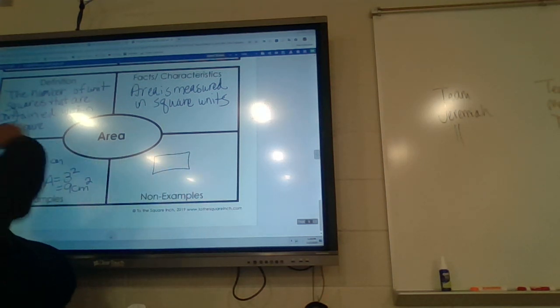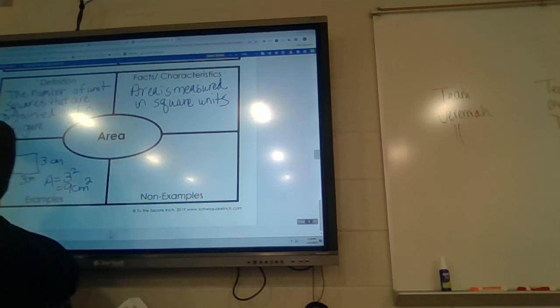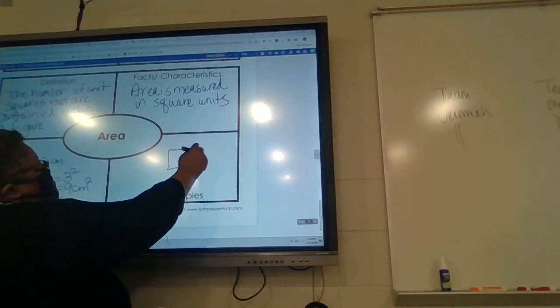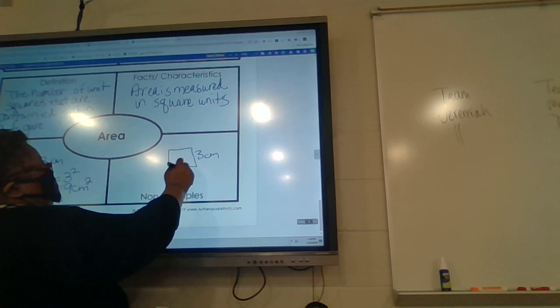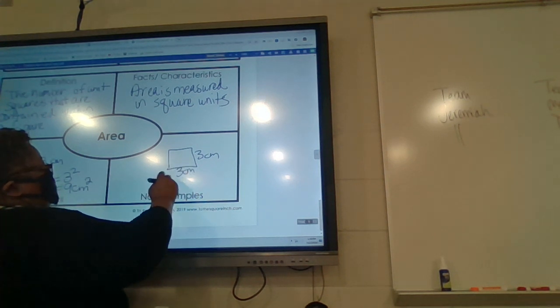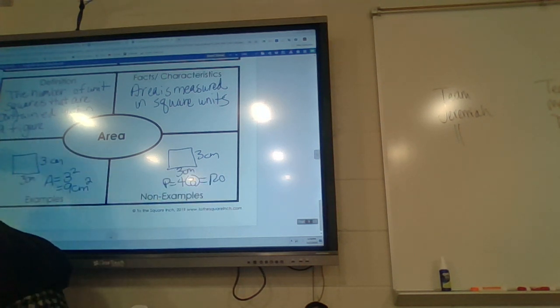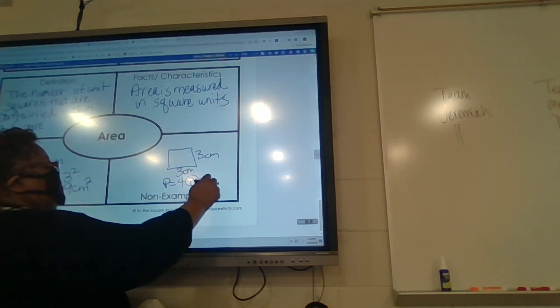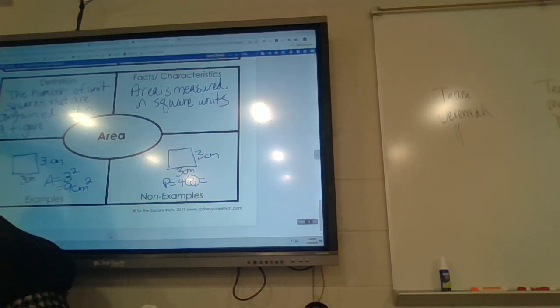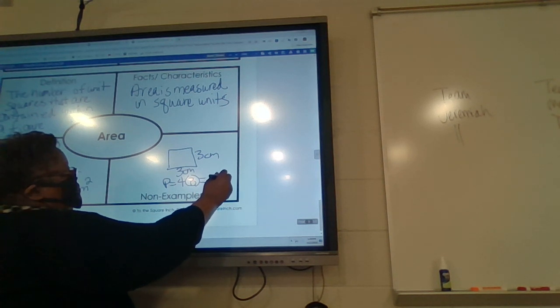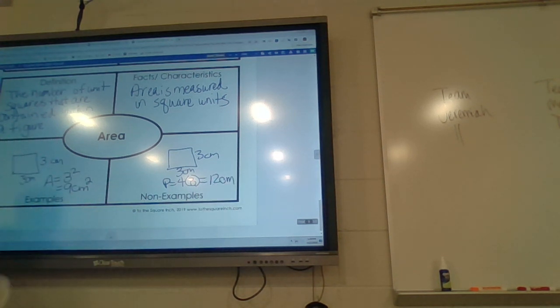Let me make it look more like a square. So that's 3 centimeters. Now, perimeter is 4 times the size. So it'd be 4 times 3. And it wouldn't be in square centimeters. It would be in just centimeters because that's like the distance you walk around. So that's a non-example. But here's an example.